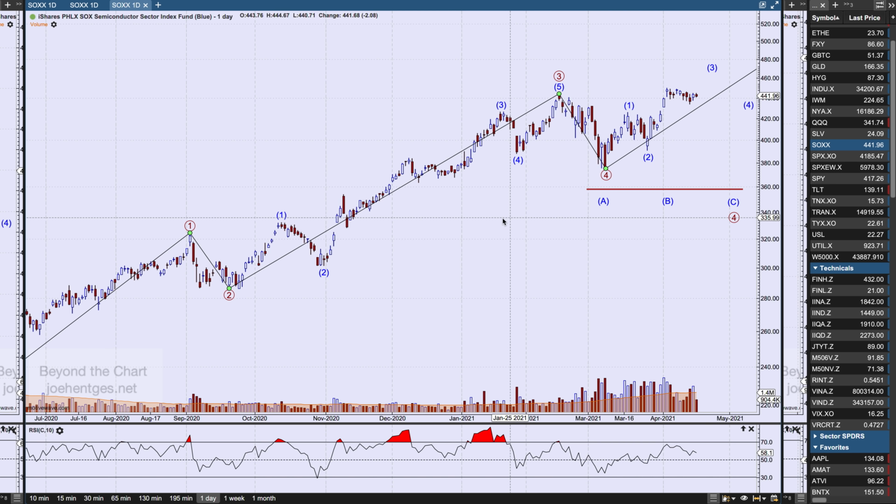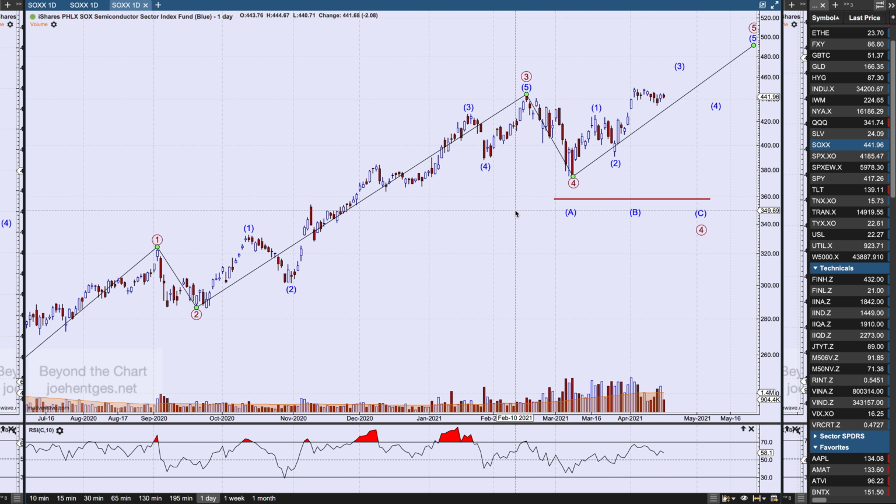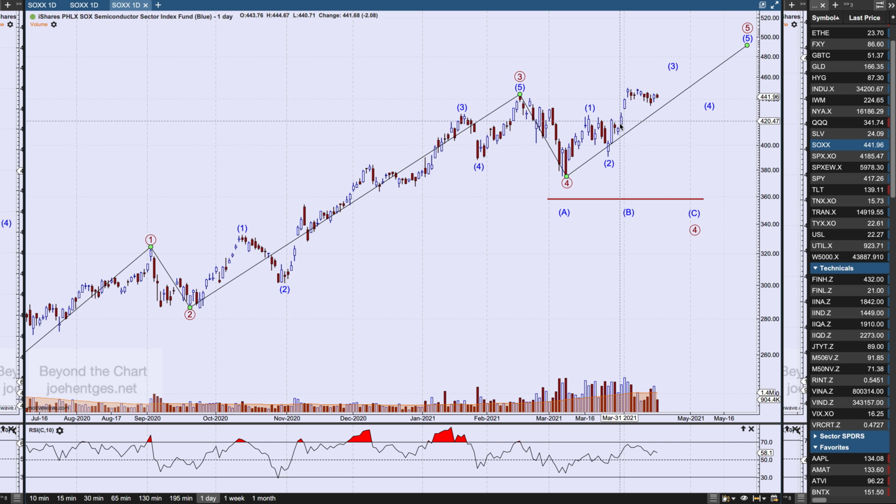So there's a couple of things that make me think that the alternate could be what's happening, because this type of pullback mirrors this pullback over here to a certain degree. I prefer to see an alternate type picture, so we'll see what happens. This is a little bit different here in terms of what's going on.